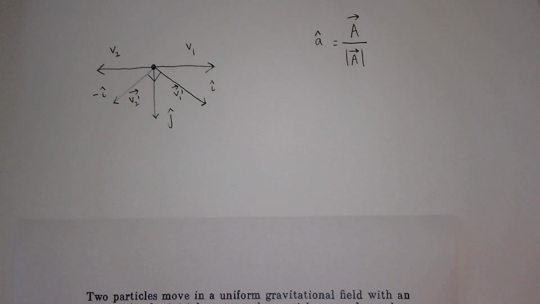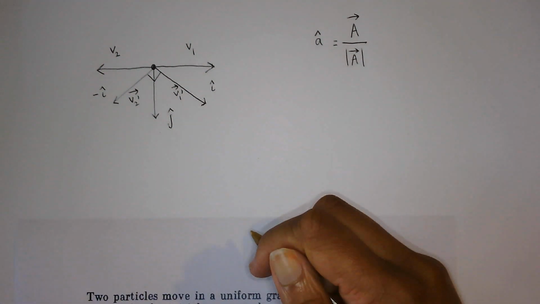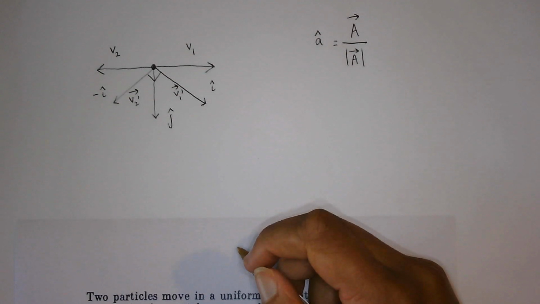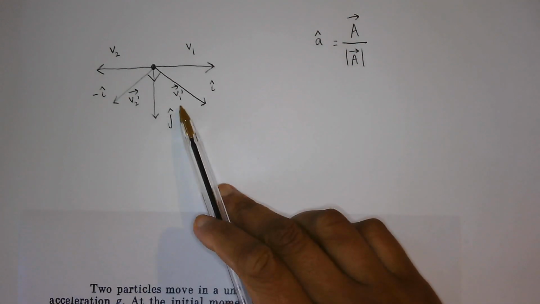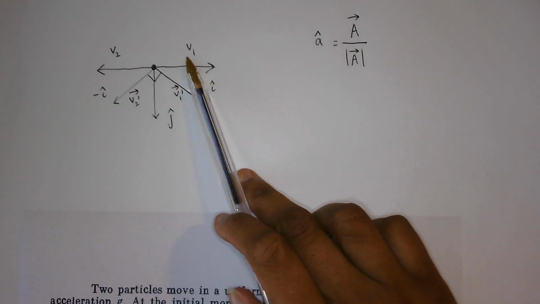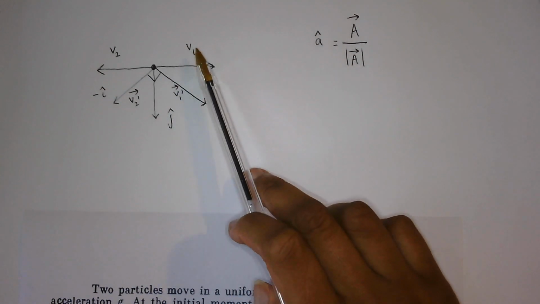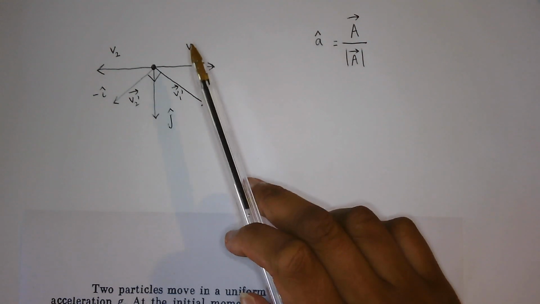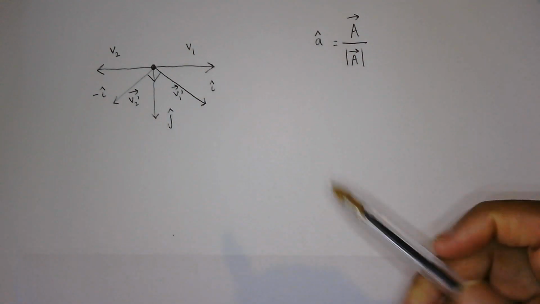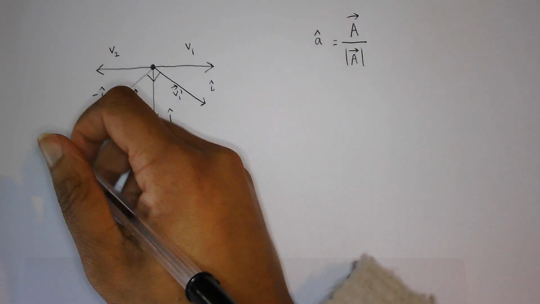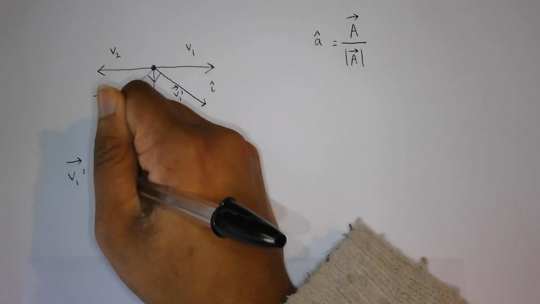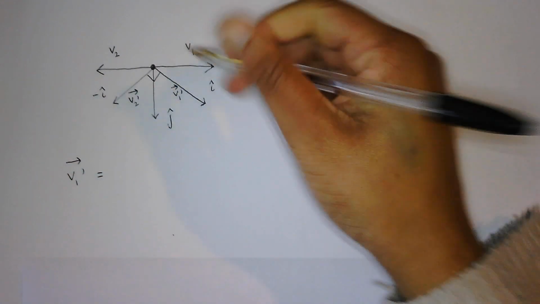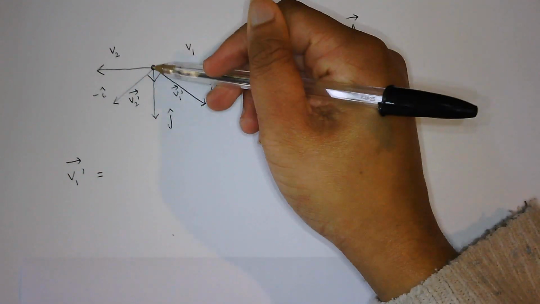So the first thing that we need to do to solve this question is to form some equations relating v1 prime with the original horizontal velocity v1. So what we can do is say v1 prime is equal to its horizontal component and its vertical component.